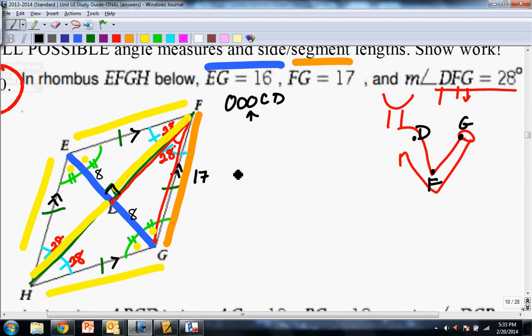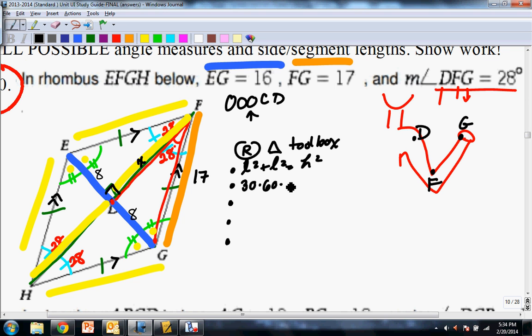If you have a right angle, let's do your right triangle toolbox. Let's see. If we wanted to know this, let's call it X, we can use leg squared plus leg squared equals hypotenuse squared. 30, 60, 90. 45, 45, 90.